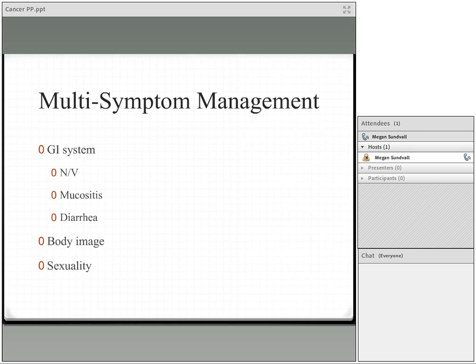Acute nausea and vomiting is within 24 hours after chemotherapy has been given. Delayed is greater than 24 hours after treatment, and chronic you're going to more commonly see with advanced stages of cancer. So for interventions here, keep a log, keep a journal of what could possibly be causing this.